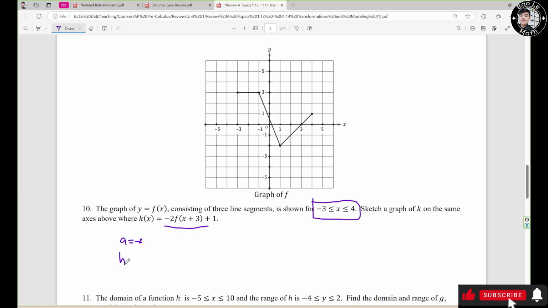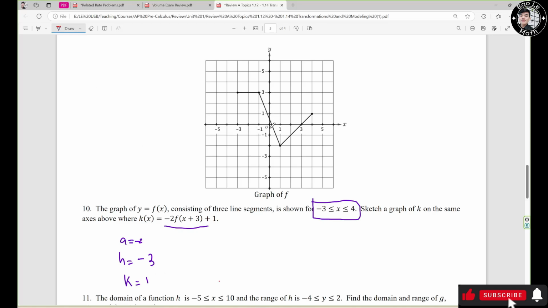Now, h equals negative 3, which means there is a translation 3 units to the left, right? And k equals 1, which means there is a vertical translation up 1 unit, right?